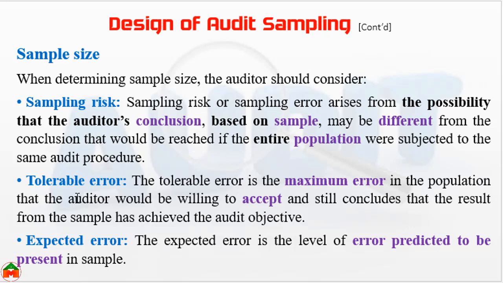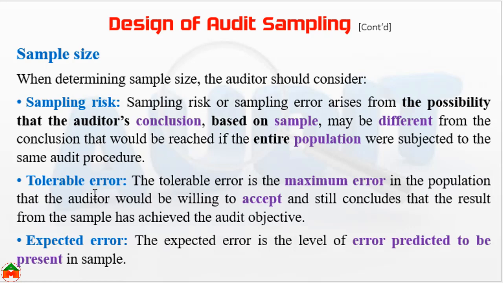And the second issue for determining sample size is tolerable error. The tolerable error is the maximum error in the population that the auditor would be willing to accept and still conclude that the result from the sample has achieved the audit objective.